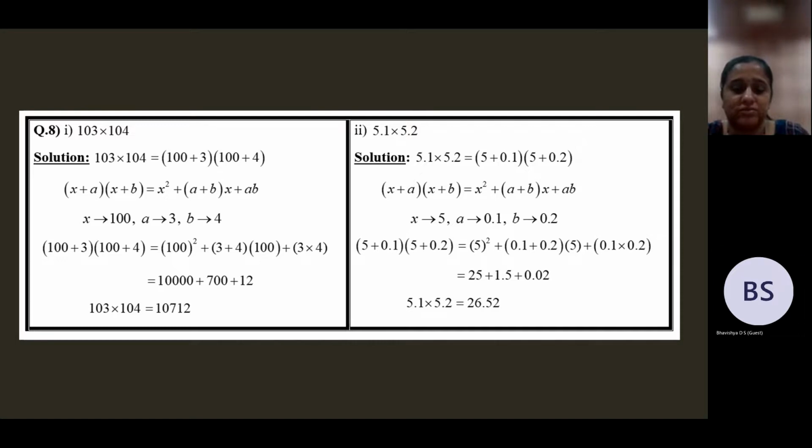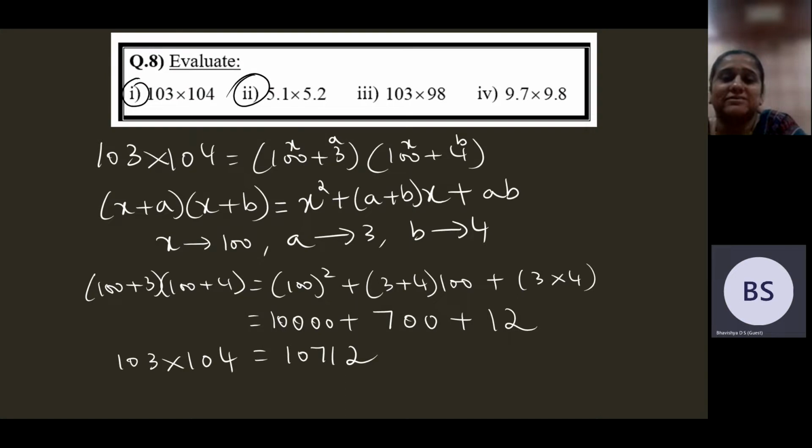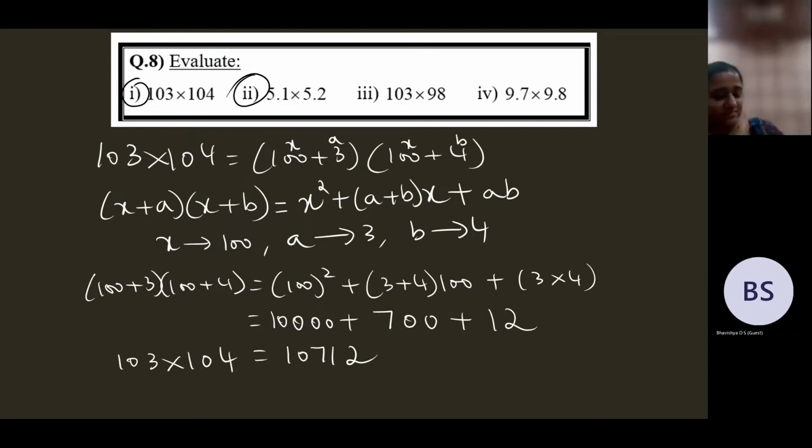Very good, very good. 25.5... how nice. Very good, Bhavishya. I'm so happy. Do you want to try another one here? Yes, ma'am. Yeah, please choose 3 or 4, anything you can try.